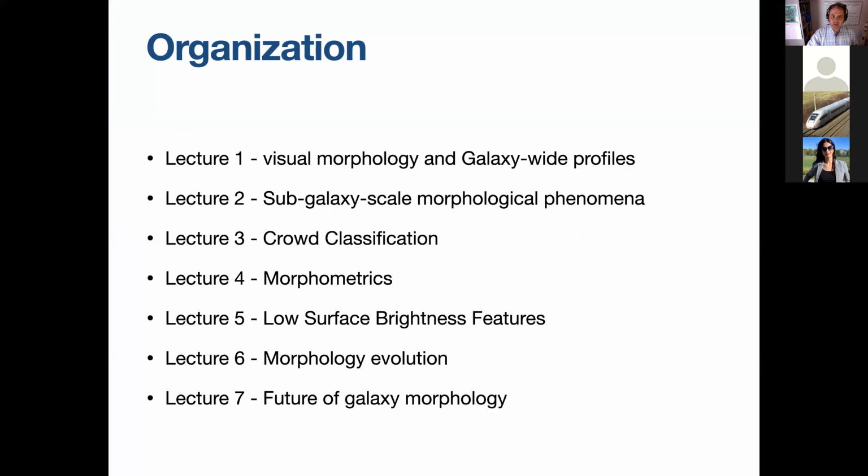And so we talked about visual morphology classification, the kind of thing that Hubble and Sandage and de Vaucouleurs did. We talked about subgalaxy phenomena like bars and bulges and ansae and spiral arms. We talked about how we do this now visually through crowd classification, essentially having lots of votes instead of single experts classifying things.